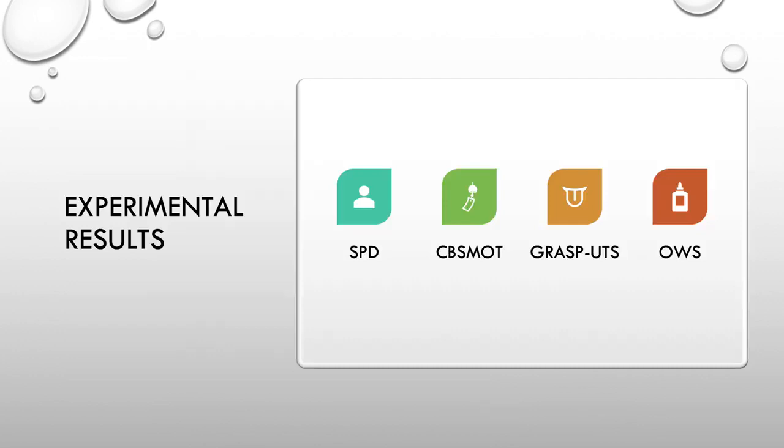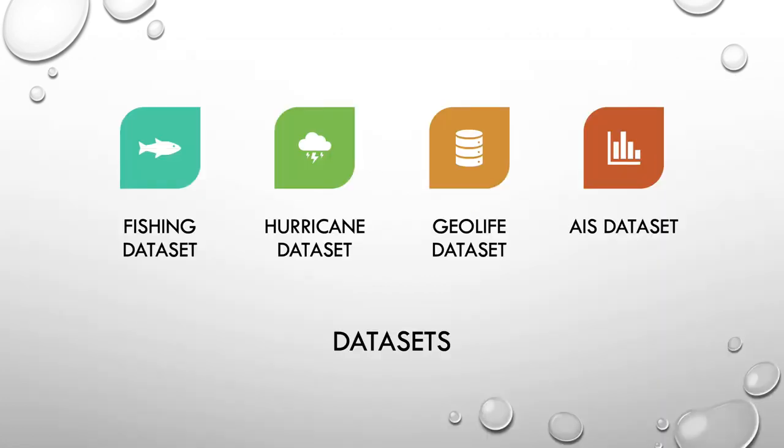We have developed a state point detection, SPD, CB-SMoT, OWS, and GRASP-UTS as our base to compare WS2 against them, since they are available solutions for this problem. We have employed 4 datasets in this research.